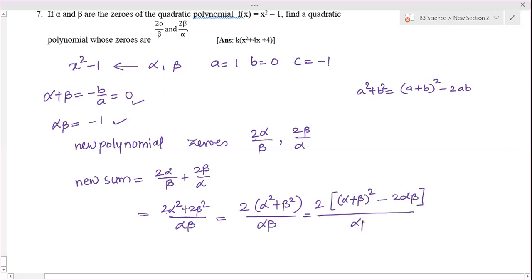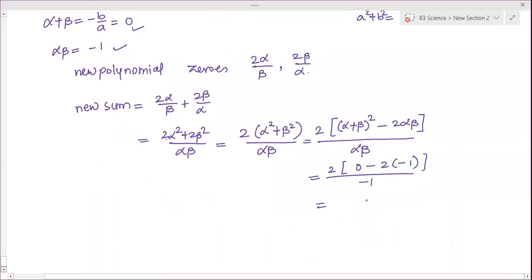Divided by alpha beta. Now substitute the values of alpha plus beta and alpha beta. 2 in bracket 0 minus 2 into minus 1 by minus 1. So it will be 2 in bracket minus 2 into minus 1 is plus 2 by minus 1, that is equal to minus 4.